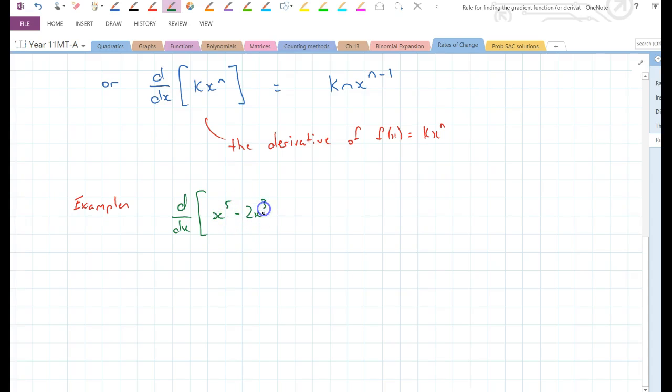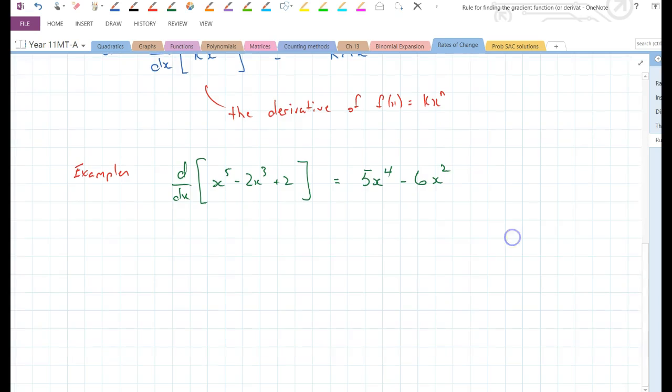I'm just pinching this from the textbook. So the derivative of that will be equal to, using this rule here, that 5 comes down, and we reduce the power by 1. This 3 comes down, gets multiplied by the 2, so it's 6, and the 3 gets dropped by 1 to 2, and the 2 disappears. Remember, constants, numbers just go to 0.